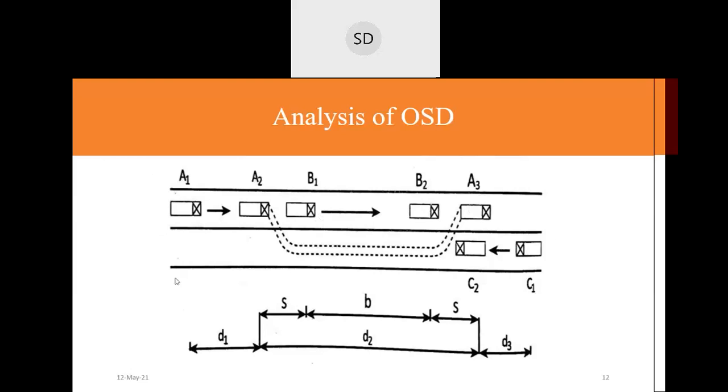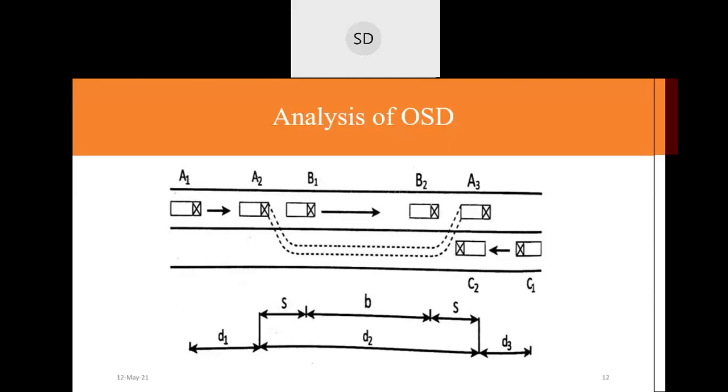Now, what happens in the overtaking operation? Suppose vehicle A is coming with the design speed and vehicle B is moving with a slower speed. When vehicle A first tries to overtake vehicle B, initially he will perceive the situation. He will look for any vehicles coming from the opposite direction.